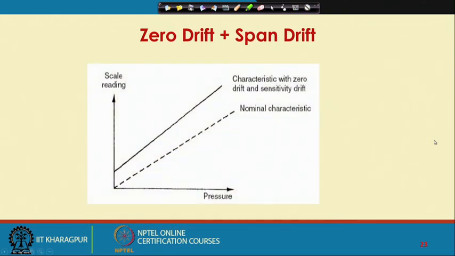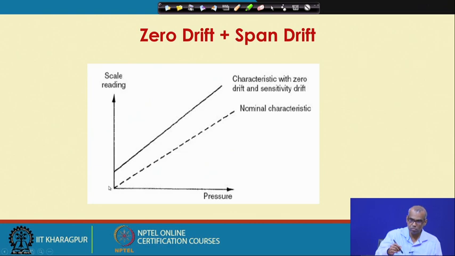A combination of these two, zero error as well as span drift, can also be present in an instrument, and we call this a combination of zero drift and span drift. Please note that if it is only zero drift, then the current calibration will be parallel with the original calibration without any zero error.